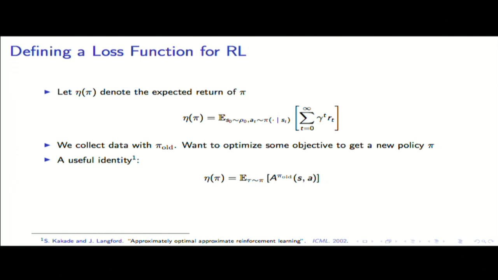Well, first, there's a very useful identity, which is that you can write the expected performance of a policy pi in terms of the advantage function of pi old. The idea is you generate a trajectory using pi. Oh, this should say plus eta of pi old. It's going to be correct on the next slide, so I'll move on.